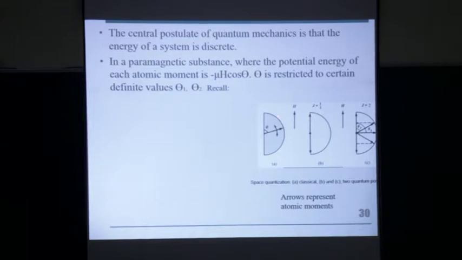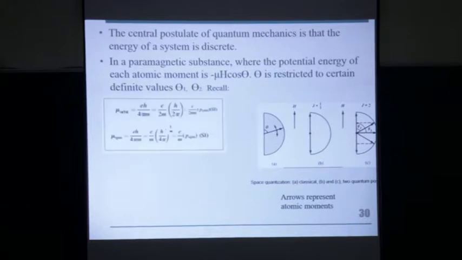It can be that theta can assume only these two values, or it can be that theta assumes these values. So you have different possibilities in the case of quantum theory, correct? I think you know this already.